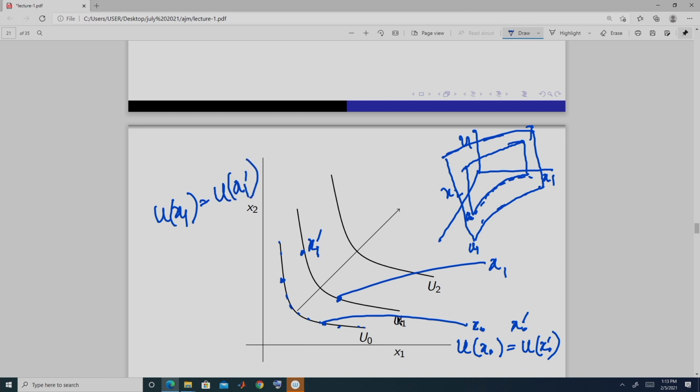And since this is at a higher level, and we are making that assumption from monotonicity, the utility u1 is greater than u0. So in this northeast direction utilities are increasing, but each point on the curve is giving me the same level of utility. So these are called indifference curves.